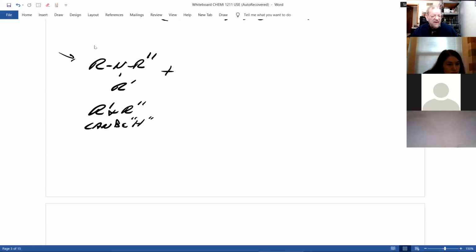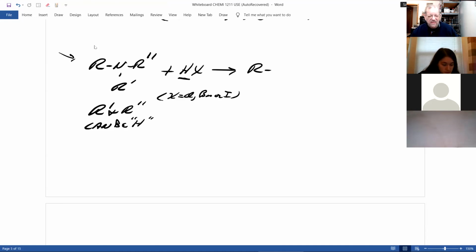And if you react it with an acid, and there are many acids, but let's stick to the halogen acids, hydrogen chloride, bromide, or iodide, what happens is a proton transfers, and you don't have to write charges, but I do. And this is called an amine salt.